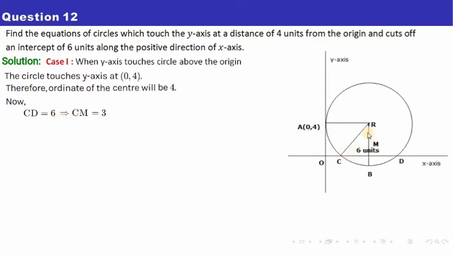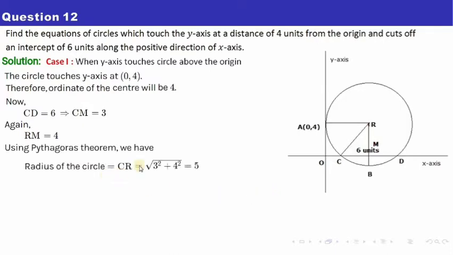So this is 4 and this is 3, and we know that this is what kind of triangle? This is a right angled triangle. So RM is 4, and using Pythagoras theorem in triangle RMC we find CR, which turns out to be 5.